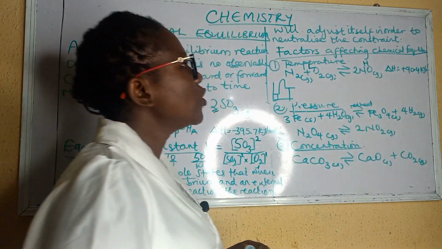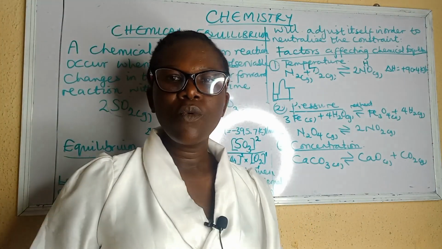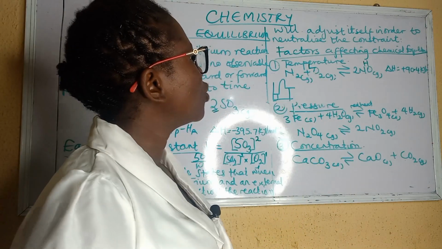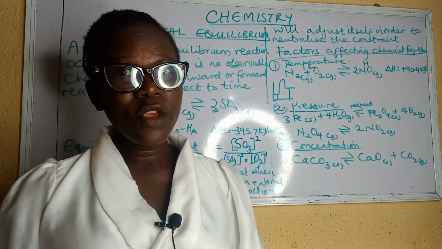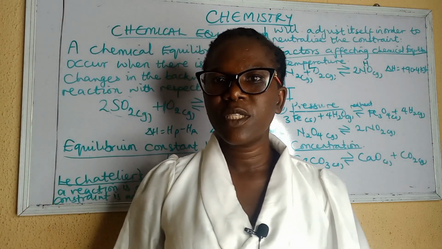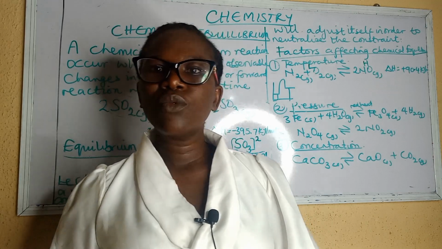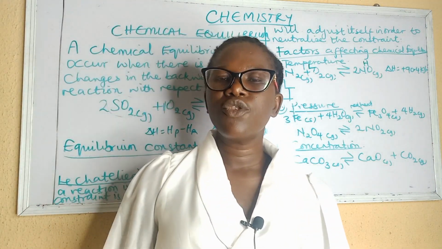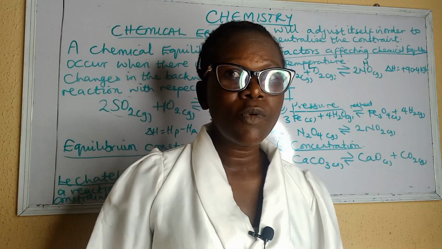Now, if the question is, what is the effect of increasing the temperature on a chemical equilibrium or in this reaction? What you will do is this. According to Le Chatelier's principle, the reaction will adjust itself in order to decrease the temperature back. You have increased the temperature of the reaction that was at equilibrium.